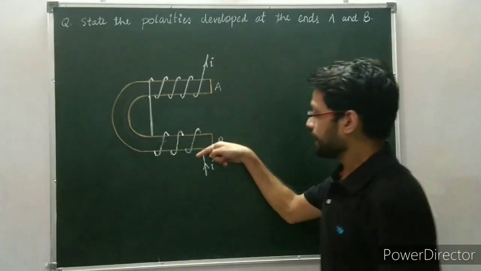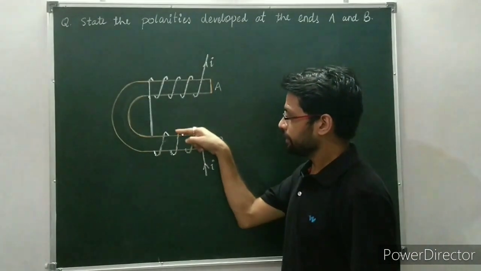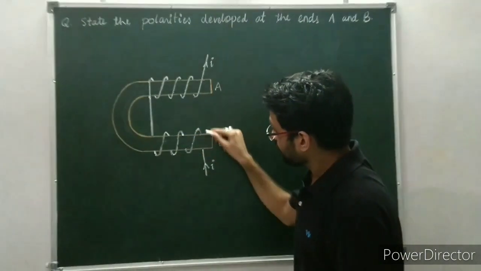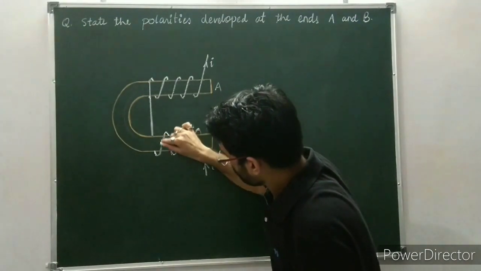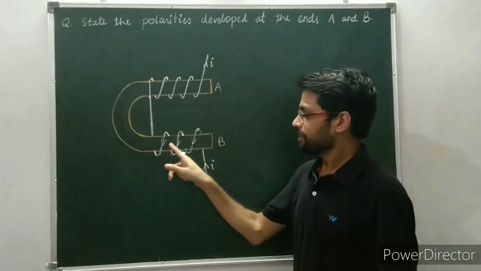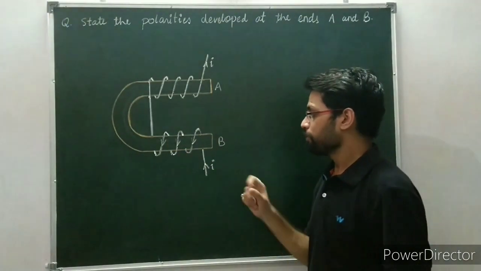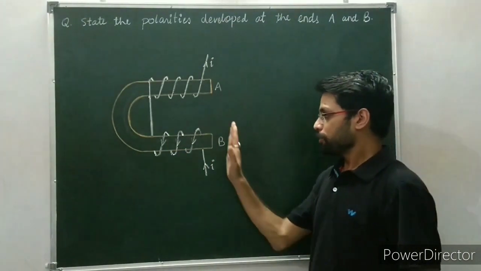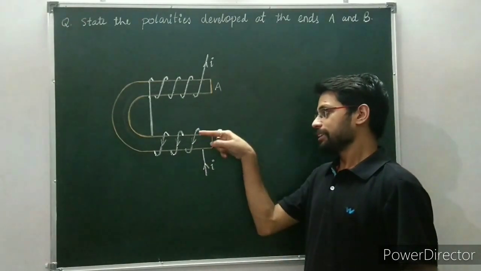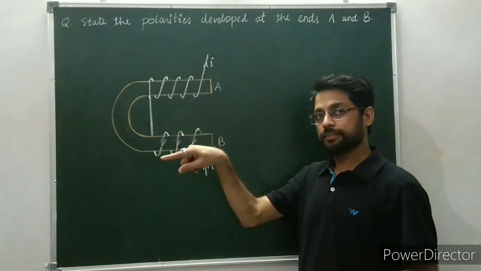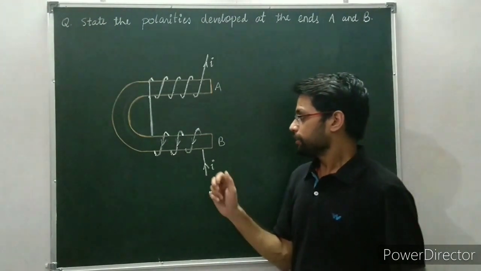In the second coil, the direction of current is like so. The arrowheads show the direction of current in the second coil. And if you see from this side, then the current is anti-clockwise in this coil.